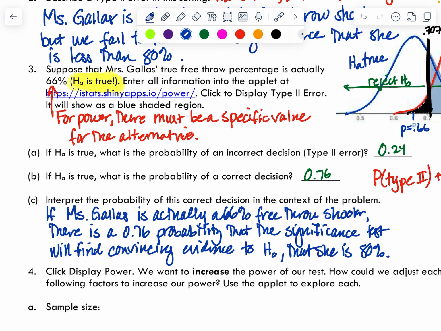Okay? It's the probability that if the alternate's really true, that the test is going to get it right.